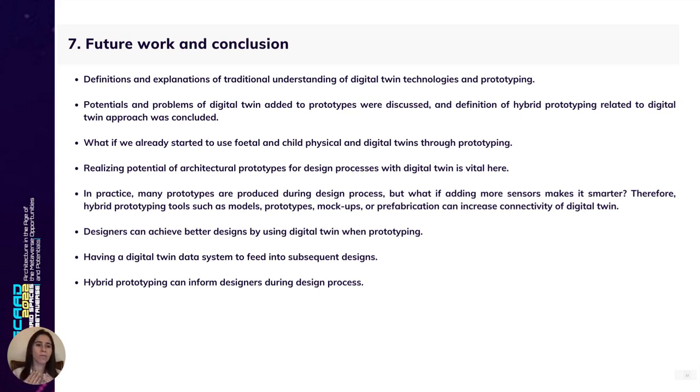Designers can achieve better designs by using digital twin when prototyping. And for designers, having a digital twin data system to feed into subsequent designs is also vital here. Hybrid prototyping can inform designers during design processes.